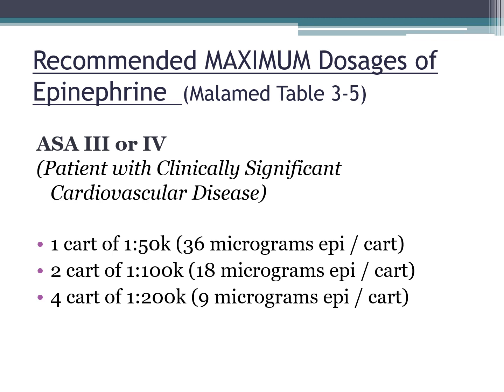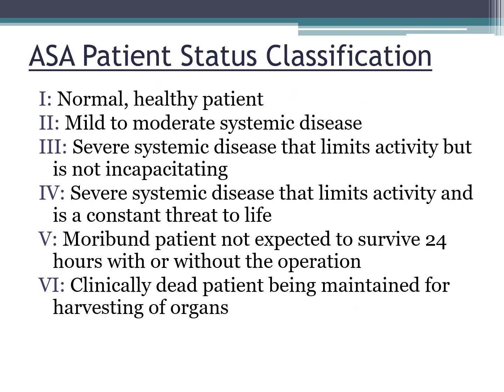So 1 cartridge of 1 in 50,000 is 36 micrograms of epi per cartridge, 2 cartridges of 1 in 100,000 is 18 micrograms of epi per cartridge, and 4 cartridges of 1 in 200,000 is 9 micrograms of epi per cartridge. Again, this is the ASA patient status classification.